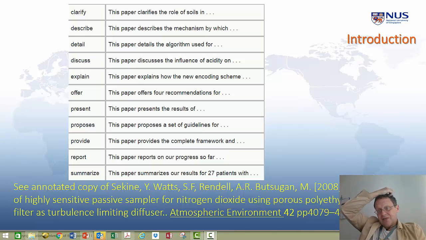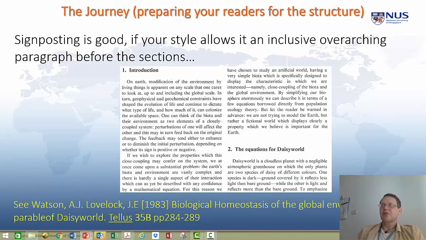Okay. Now, the next thing I want to talk about is this idea that you're preparing your reader for the journey ahead for the rest of the paper. And I'm going to do this using a paper by a couple of good colleagues of mine.